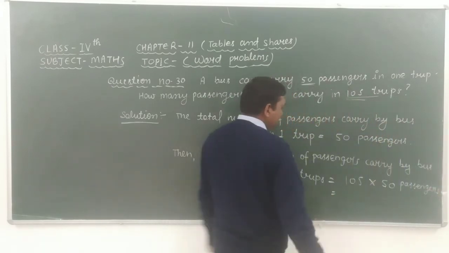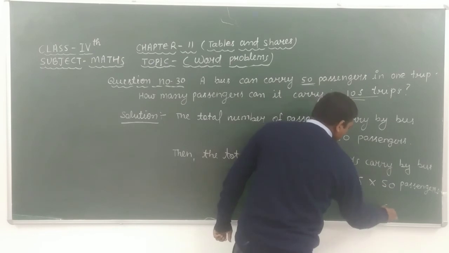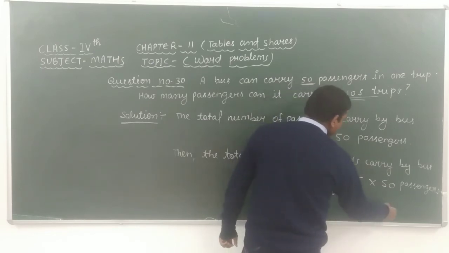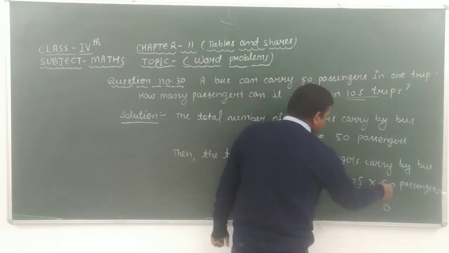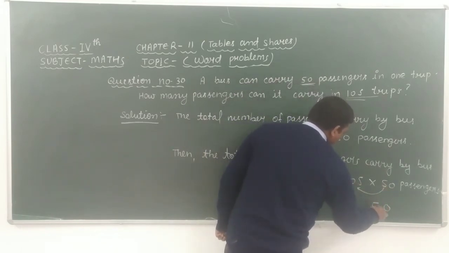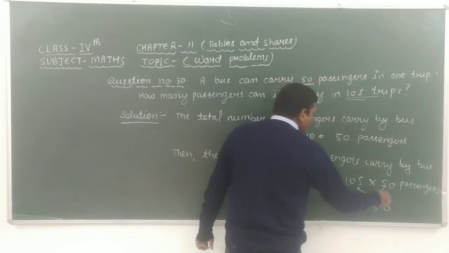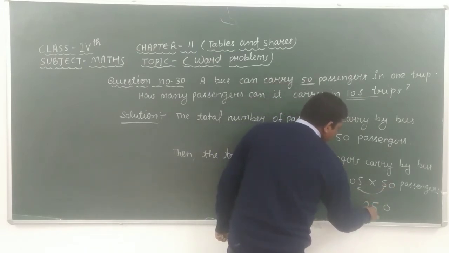Okay, sir, here we have 0, so we take 0 as same and multiply by 5 in 105, then we get 5 5s are 25, 5 carry 2, 0 plus 2 is 2 and 5 1 is 5.